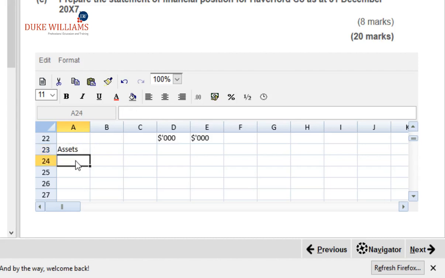Now from the trial balance, we'll have non-current assets. Now the non-current asset, I see there is property. There's a note to it, so we'll do an adjustment to it.